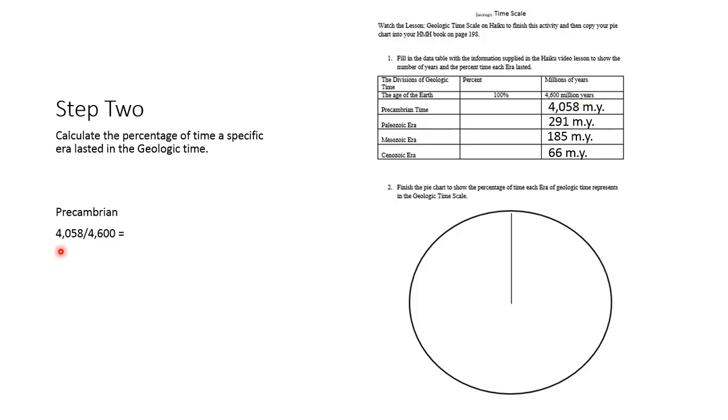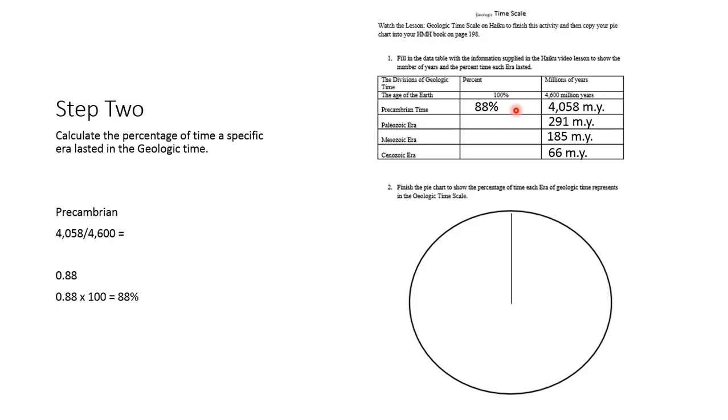If you get out your calculator, 4,058 divided by 4,600, give you a second to type that in, you'll get 0.88 with some numbers after it. We're just rounding to the first two. To get a percent, you multiply that by 100. That comes out to be 88%. So that would be put right here. The percentage of time would be 88%.